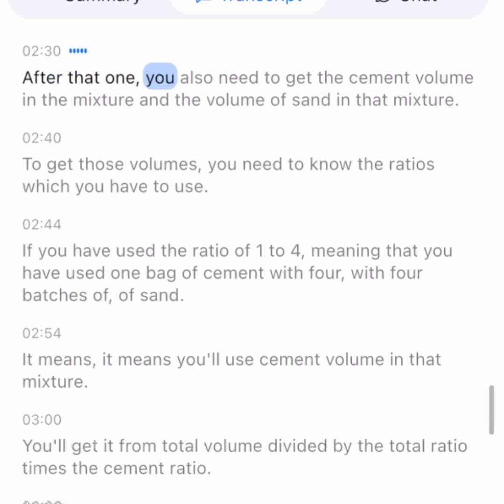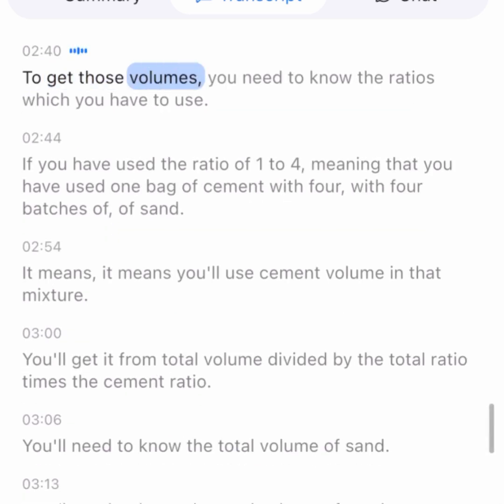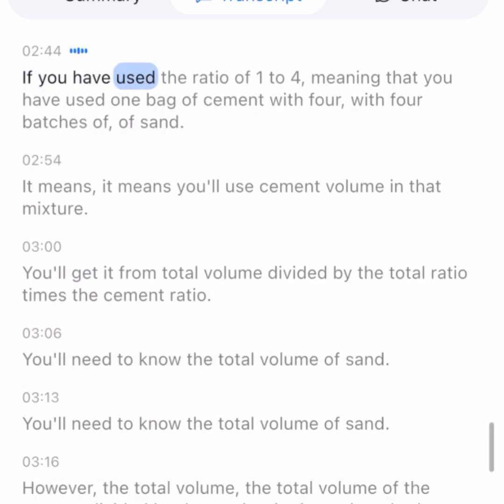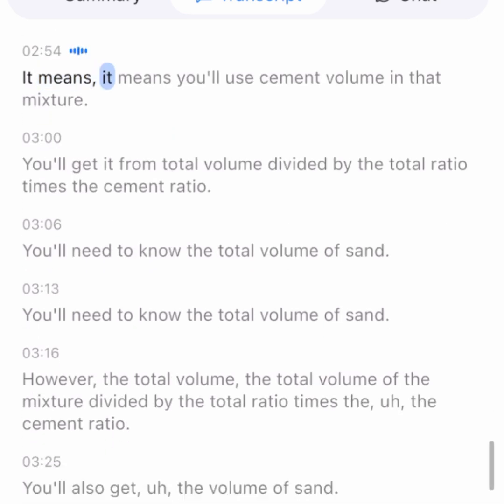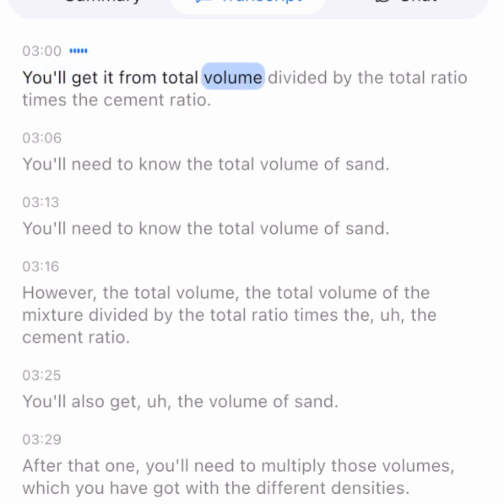After that, you also need to get the cement volume in the mixture and the volume of sand in that mixture. To get those volumes, you need to know the ratios which you have to use. If you have used the ratio of 1:4, meaning that you have used one bag of cement with four batches of sand, you'll get the cement volume in that mixture from the total volume divided by the total ratio times the cement ratio.